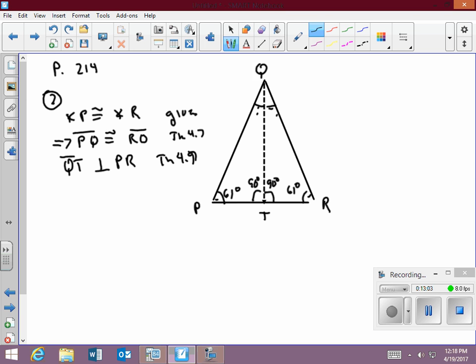Then you'd say angle PQT equals 180 degrees minus 61 plus 90. To me, you kind of have to use a couple things to verify that that's true, but it's not a rigorous proof.